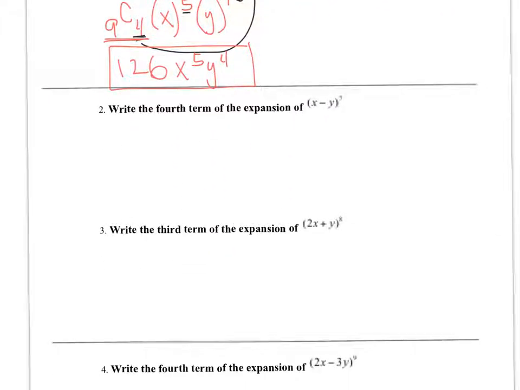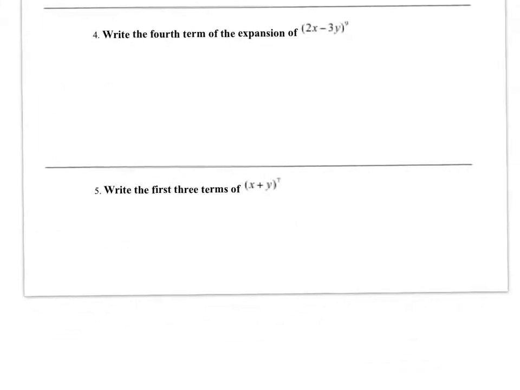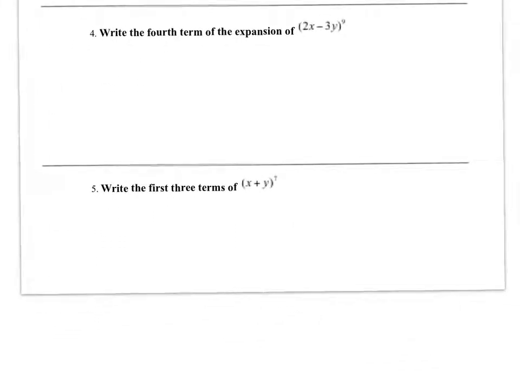All right, we'll move on and do maybe this one, number 4. So they want the 4th term, and again, it looks like this is a 9. So if they want the 4th term, that means my r is equal to 1 less, which is 3. This exponent is 9, so n is equal to 9.